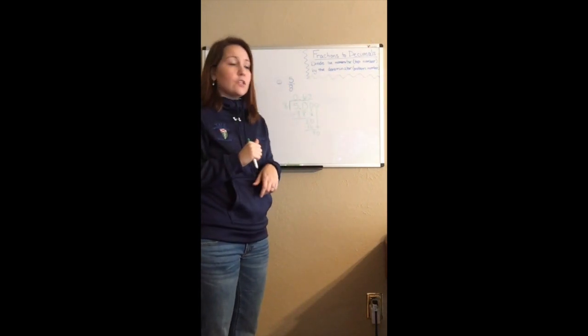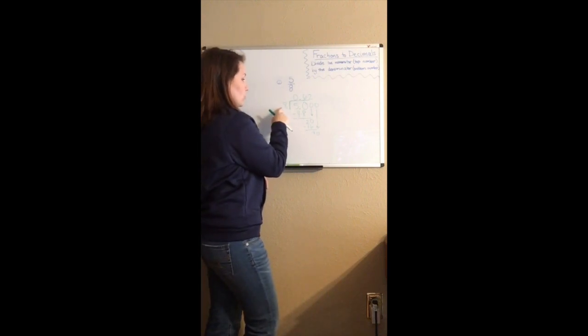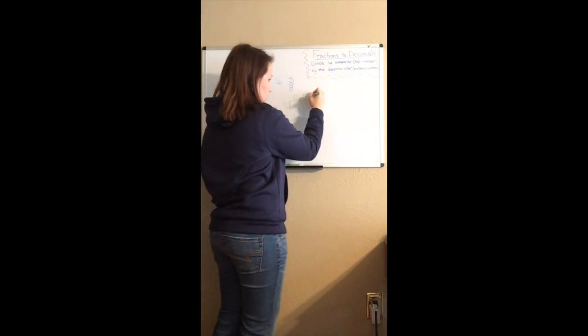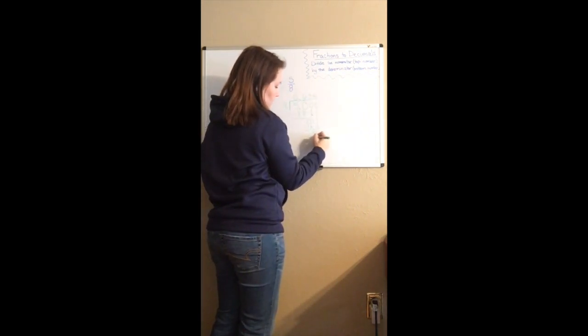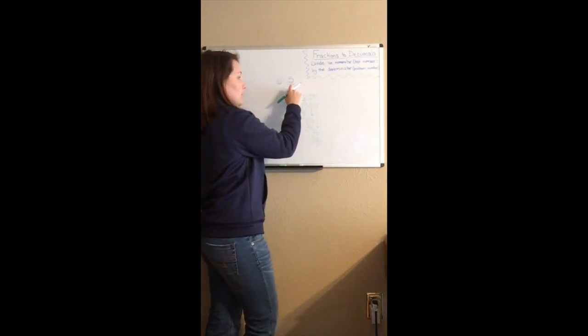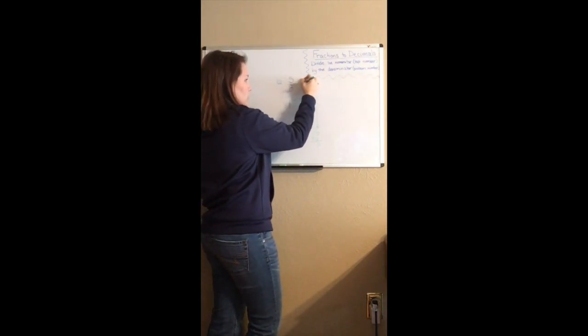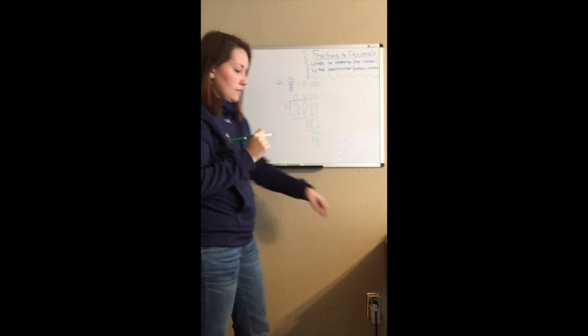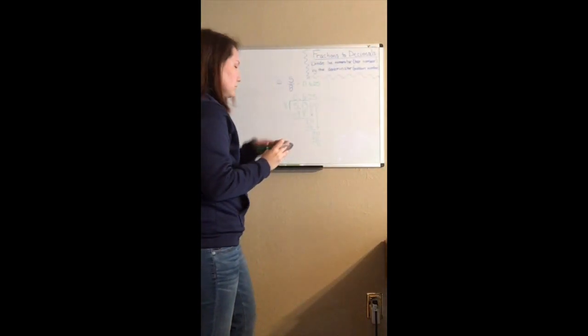Again, you can do this in your calculator pretty easily. So 8 goes into 40 evenly 5 times. Remainder of 0. So 5/8 is equal to 0.625 as a decimal.